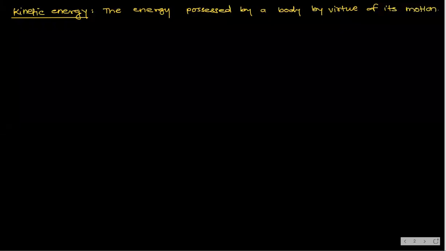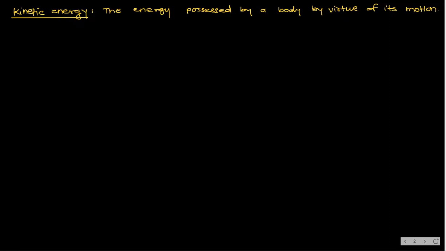We know potential energy is the energy possessed by a body by virtue of its position. Here kinetic energy is the energy possessed by a body by virtue of its motion.